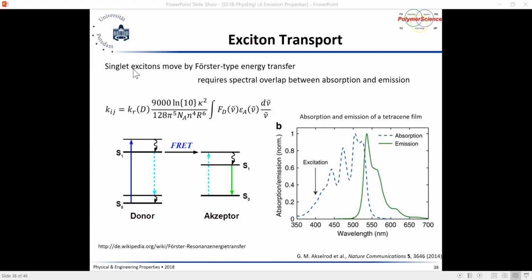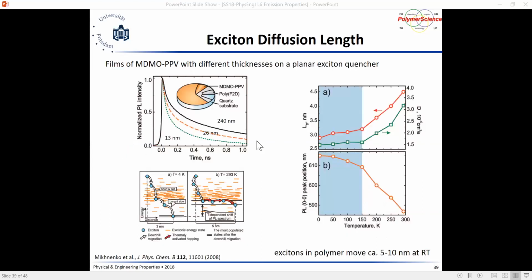The one requirement that we need to have is that the absorption of this system overlaps with the emission of the acceptor. So you can see you have some overlap here. In order to have this overlap, there's also a requirement for the distance between the two systems.